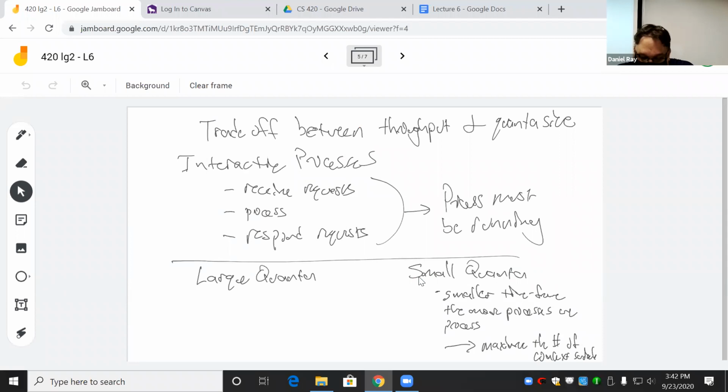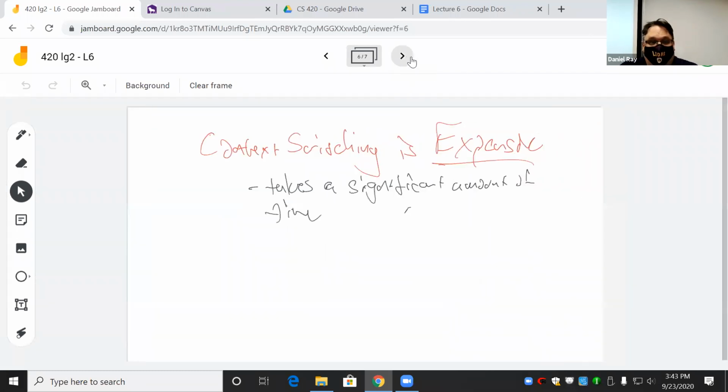Because as the size of the quanta increases, it's still possible that there could be a large wait time between my processing and my responding. Okay? Again, here's another worst case scenario.